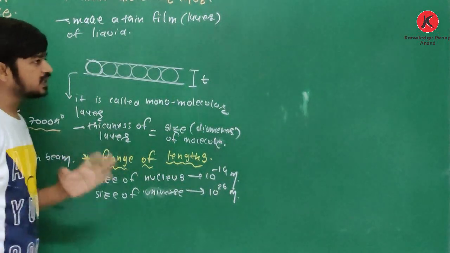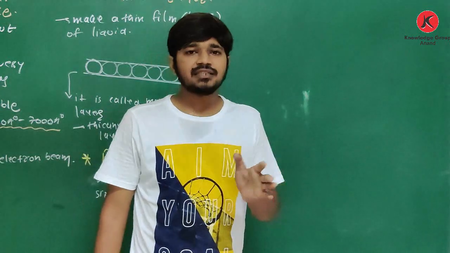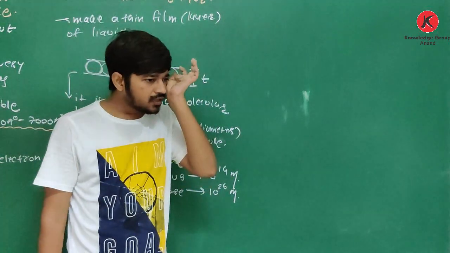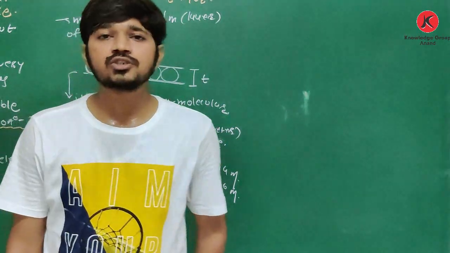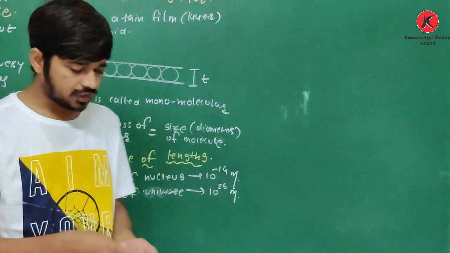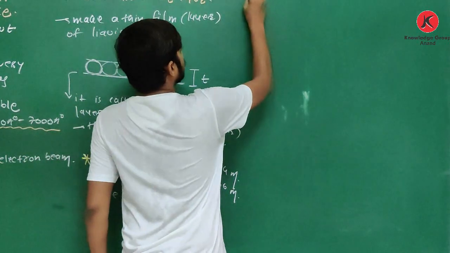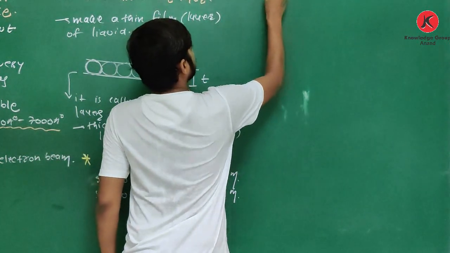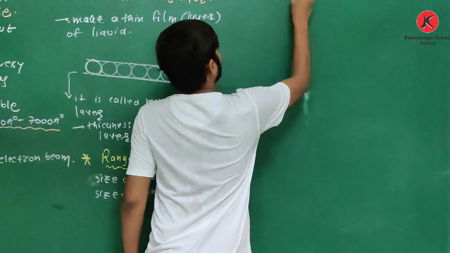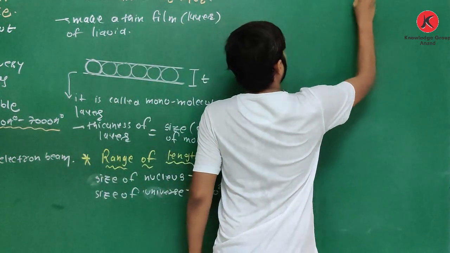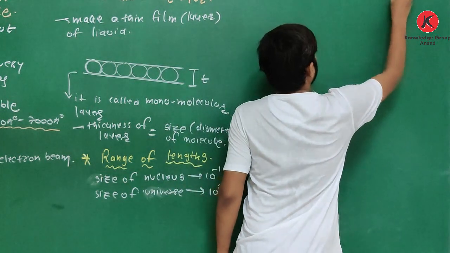Now in physics, the SI unit of length is the meter. But in physics we have to deal with a number of other units as well. Some other units are like this: different units for length.